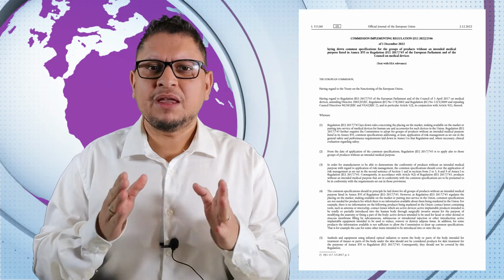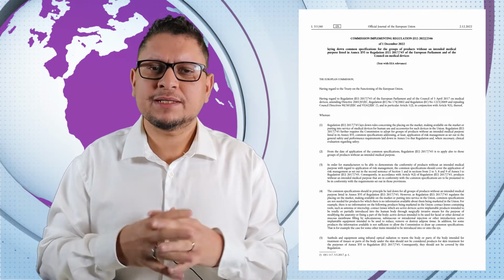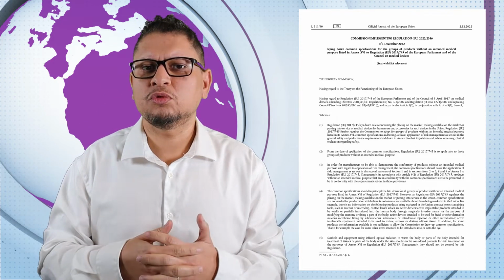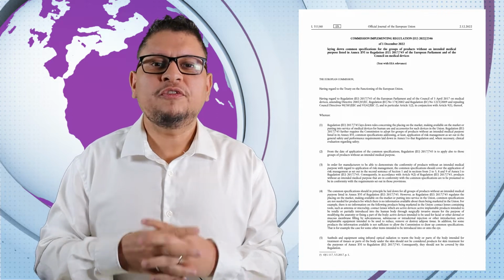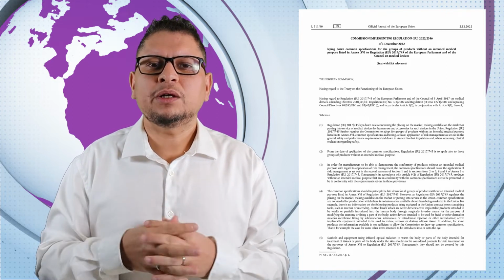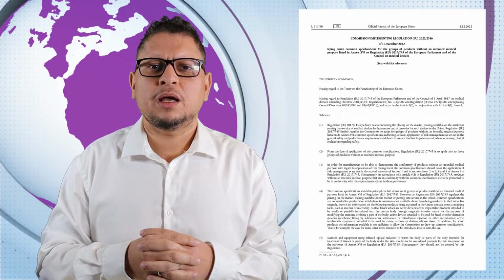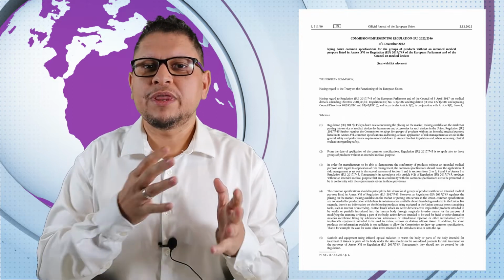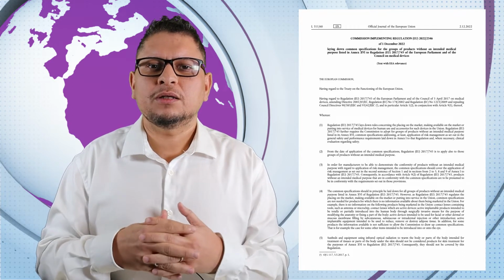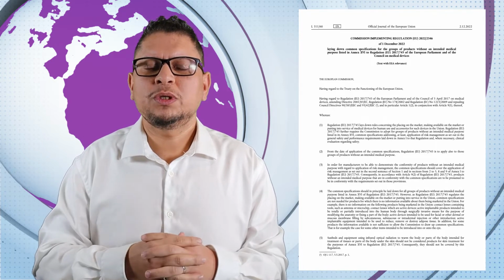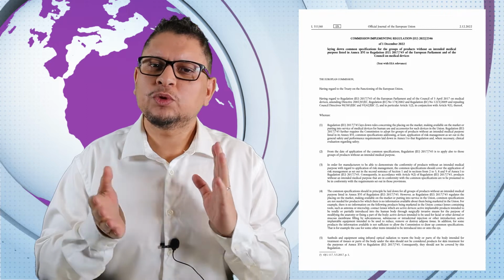So in terms of timeline, there are 3 different buckets where you have to look which one you are fitting on. The first one is that if you are an Annex 16 product without CE marking and without previous CE marking, and you want it to follow the new EU MDR, there are 2 different options.